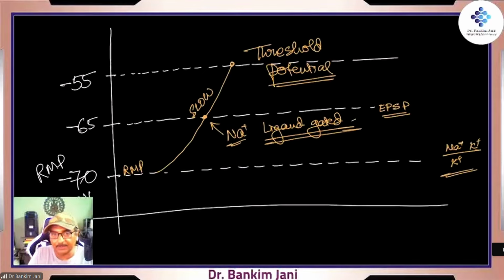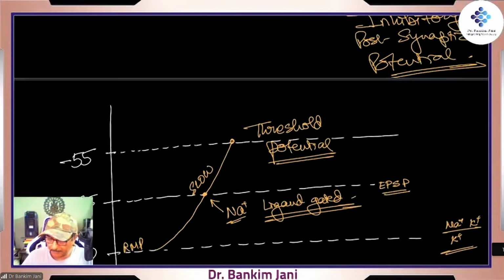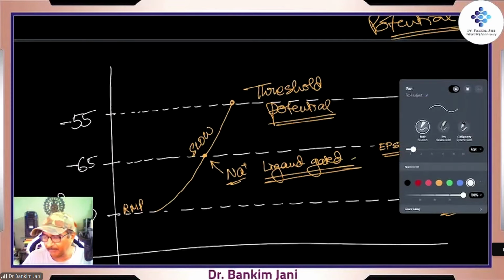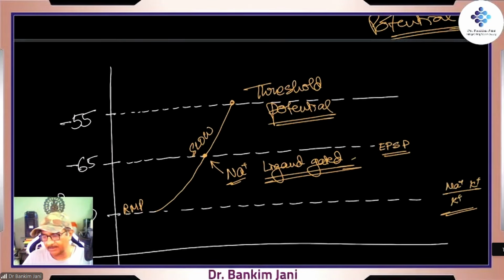Now something happens at the threshold. At -55, something different happens. And what is that? At -55, again there are sodium channels. But these sodium channels, they are not ligand gated. These sodium channels, they are voltage gated.